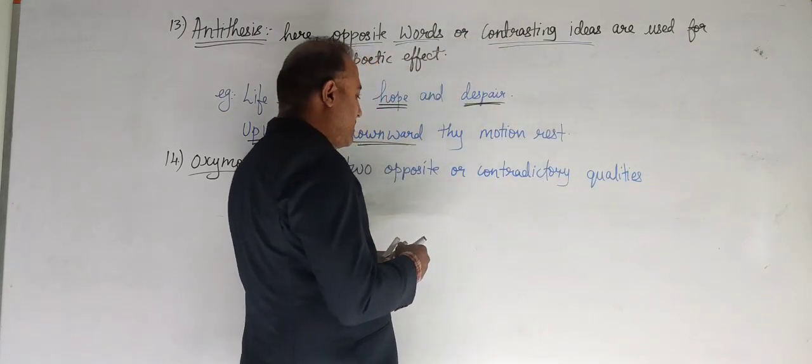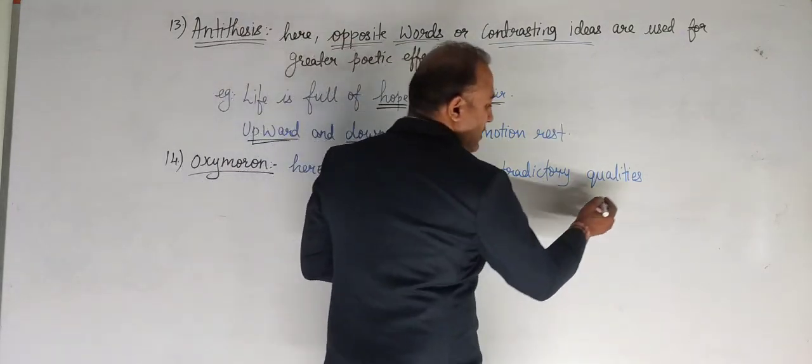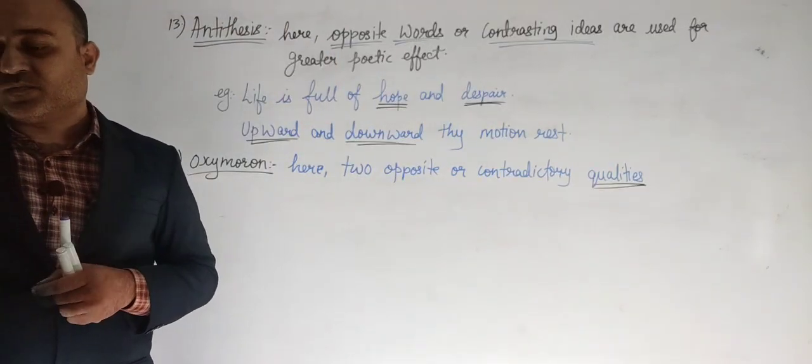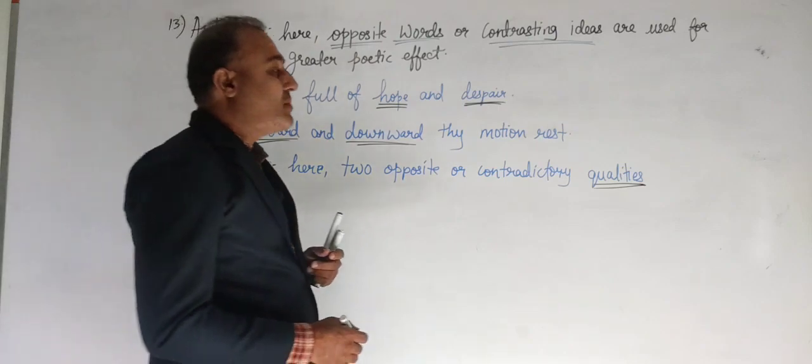This word is difficult, opposite or contradictory qualities. So two opposite or contradictory qualities describe the same thing.